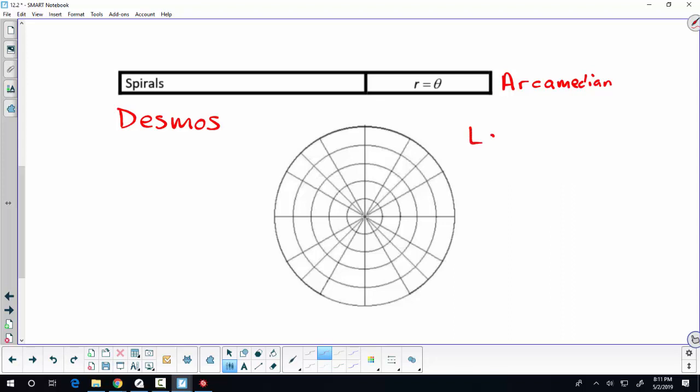The logarithmic spiral is r equals e to the 8 theta. The thing with Archimedean spirals is there's equal spacing between each consecutive ring, and with logarithmic spirals it's more of an exponential growth between the spirals. We'll look at a couple, but there's not a lot we do with those.